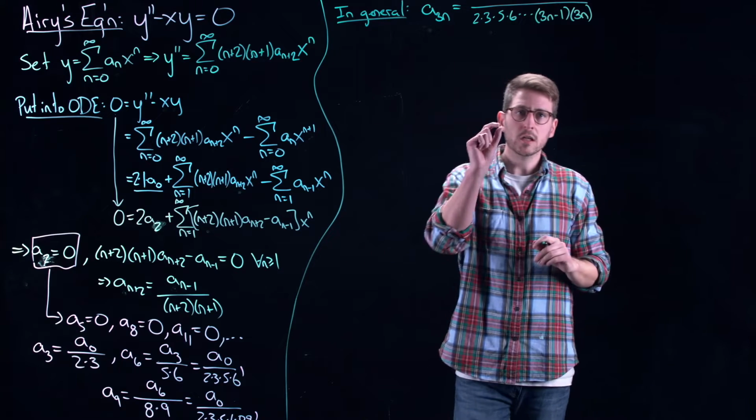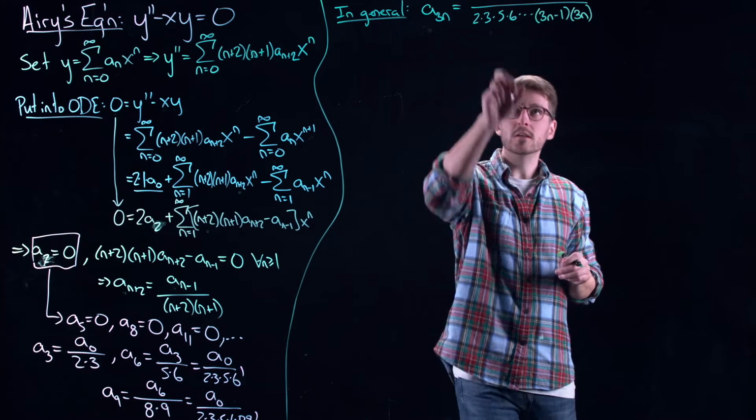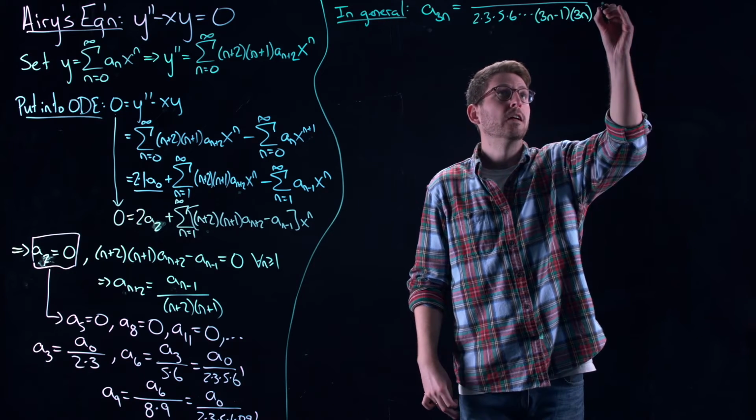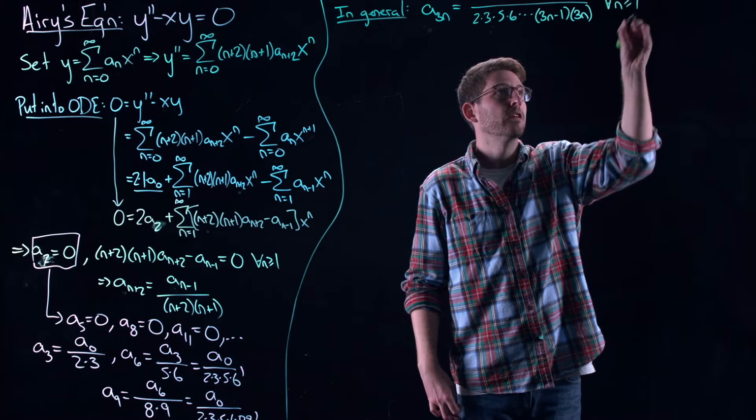Right, so you're multiplying in these pairs, but it's in a very precise way. You skip every third number here. And this is valid for all n greater than or equal to 1.